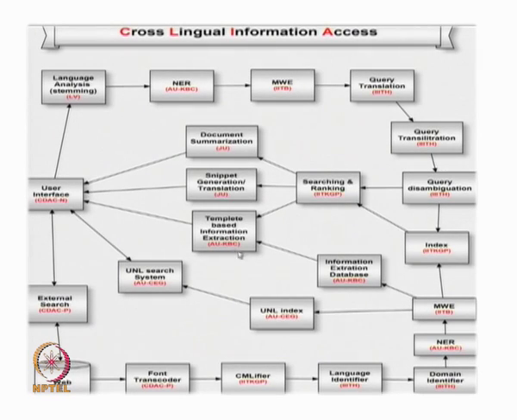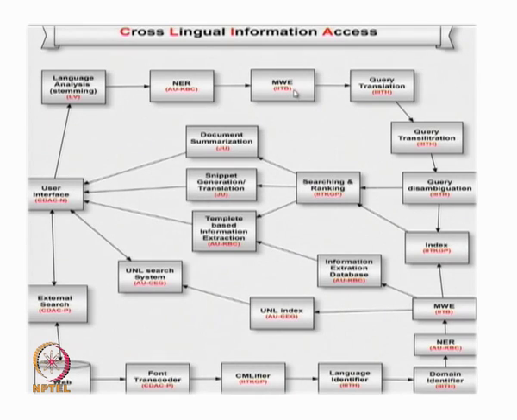So, this large block diagram which captures the functionality of different modules in the CLIA system can be understood better after we cover the information retrieval basics, but I draw your attention to some large top level activities. The language analysis achieves stemming, and the root words are obtained from the query. Named entity recognition achieves the proper noun detection.